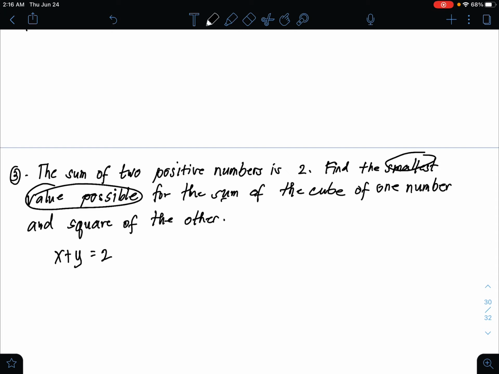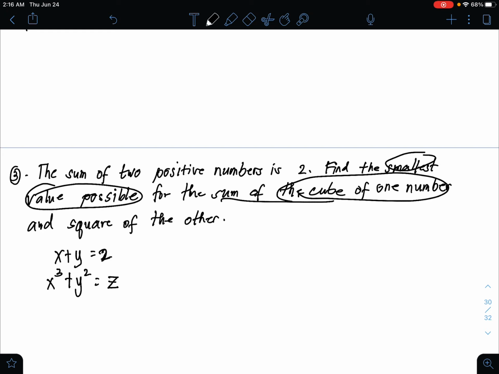For the sum of the cube of one number, so the cube of one number plus the square of the other. So let that be our z. Okay, this is 2 and that is z.